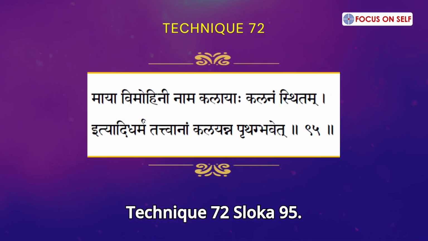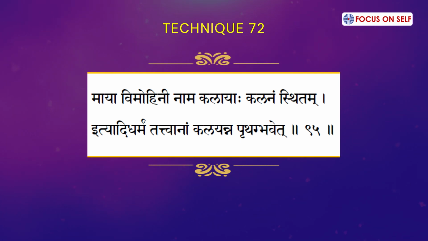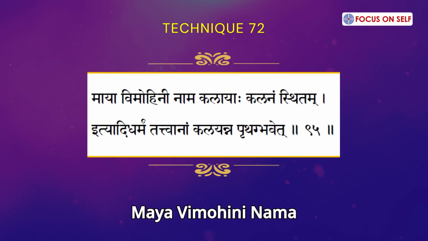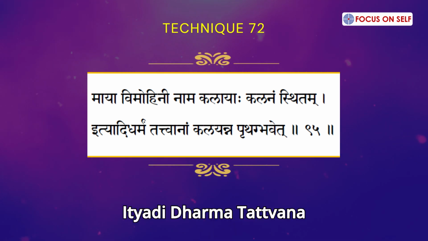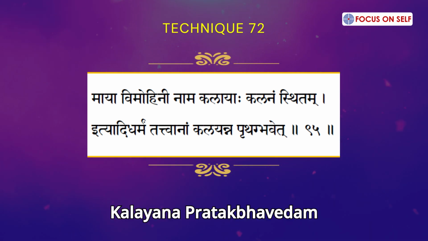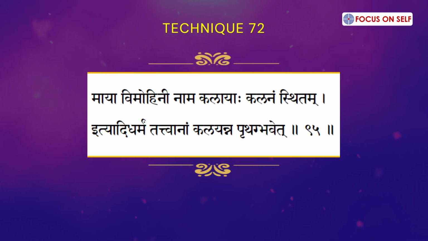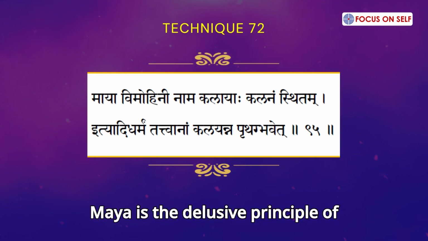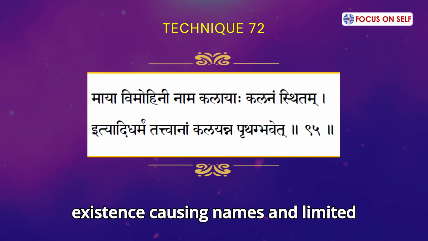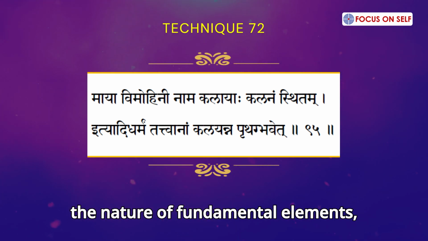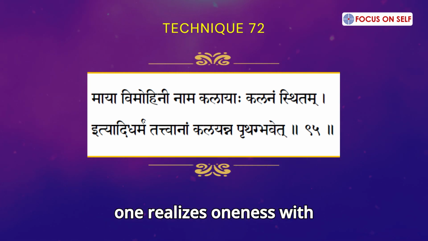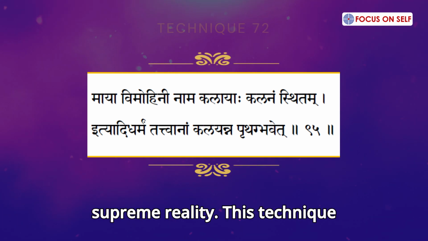Technique 72, Shloka 95. Maya is the delusive principle of existence, causing names and limited activity. Knowing that thus is the nature of fundamental elements, one realizes oneness with Supreme Reality.